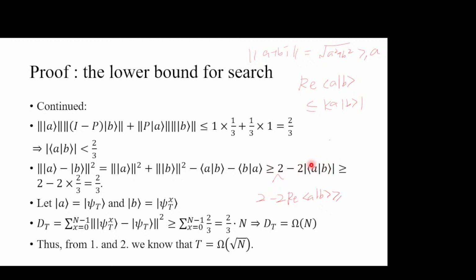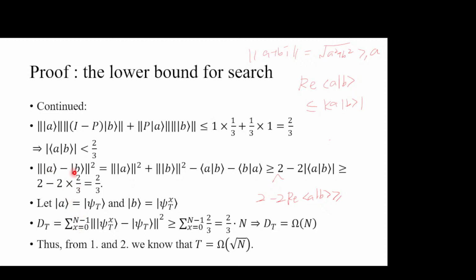So this something larger is the absolute value of AB, and this is greater or equal to 2 minus 2 times the upper bound we put here, 2 minus 2 times 2/3, and you do the arithmetic, and you see that it is 2/3. And yeah, so this is our bound.